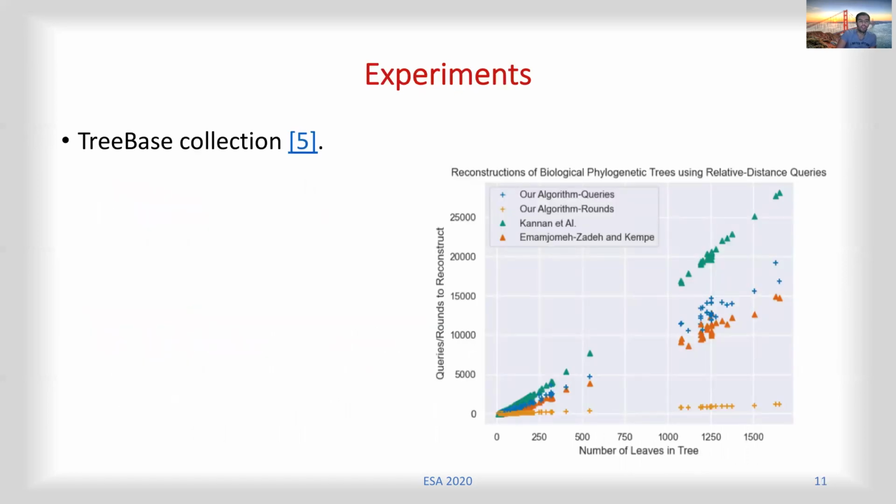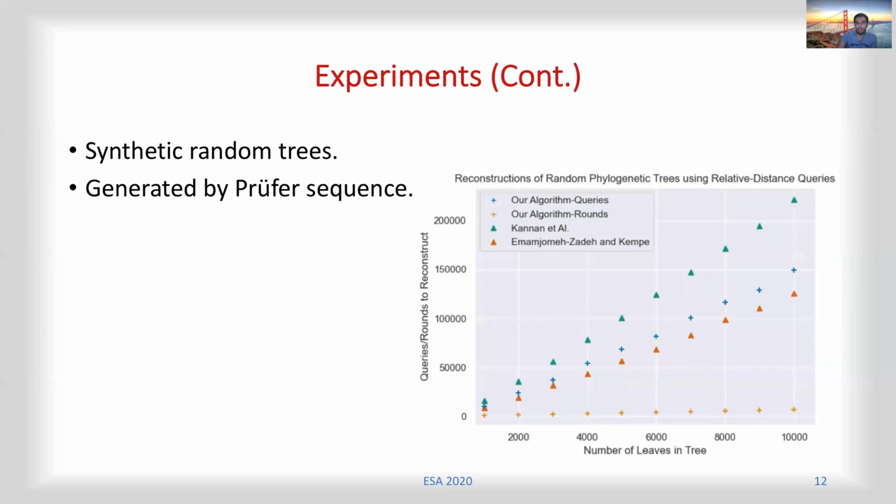So we have also done some experiments, and the first experiment is using the tree-based data collection, and we compared our algorithm with the ones by Cannon et al. and the one by Emamjomeh-Zadeh and Kempe. While we have got significant parallel speed up, we maintained almost similar total queries as compared to these two algorithms.